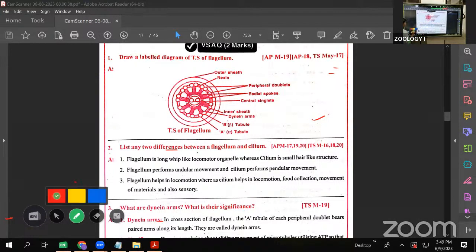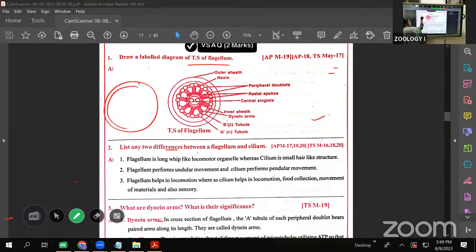This is the TS of the flagellum; cilium is the same. The flagellum and cilia both have the axoneme. This is the axoneme TS. The outer membrane is present. Like this you draw it, and draw one more line next.